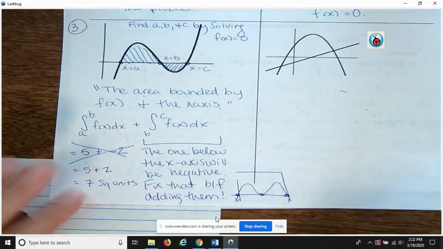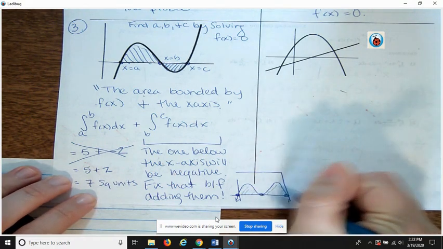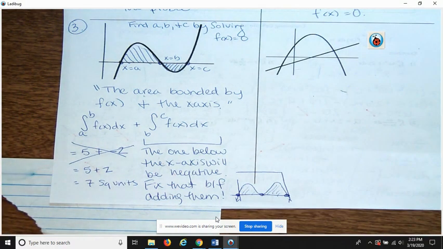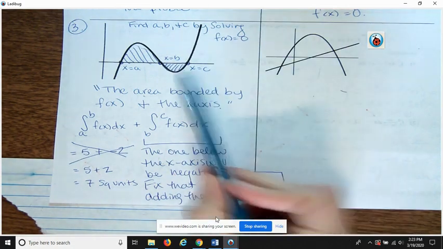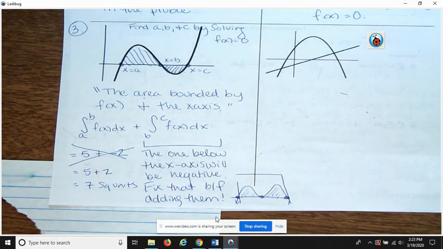And so in that case, you would have 2 positive areas and you wouldn't have to worry about it, okay? But that's not always the case. In the earlier example, we would have a negative area. We just have to force it to be positive before we find our total. And it'll be fine because you'll see the function and you'll know that you need to break it up into 2 sections, okay?